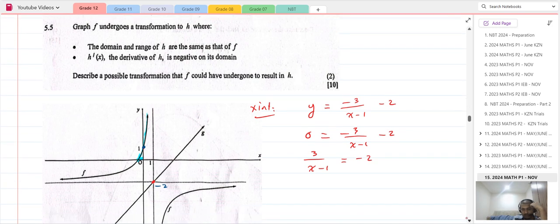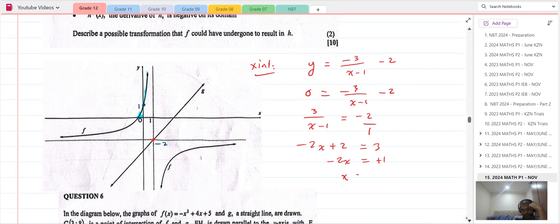Right, we can cross multiply and solve this equation. So we got minus 2x plus 2 equals 3, minus 2x equals 1, so x is equal to negative half. So we know the x-intercept is negative half.